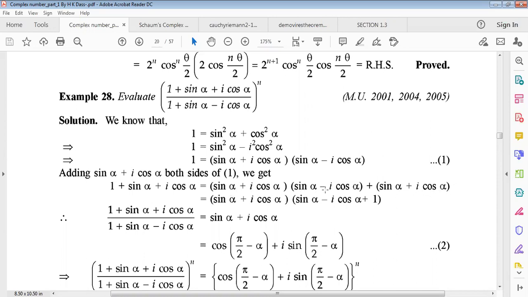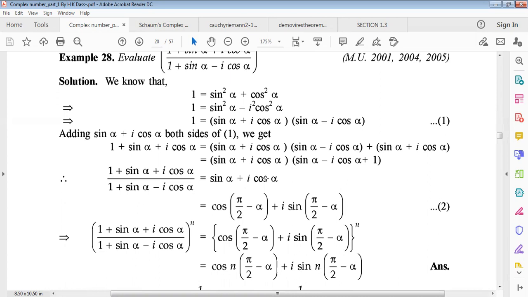Now taking sin alpha plus i cos alpha common from these two, the first term and the second term, we write sin alpha minus i cos alpha plus 1. Then dividing with this on both sides, we get only sin alpha plus i cos alpha.